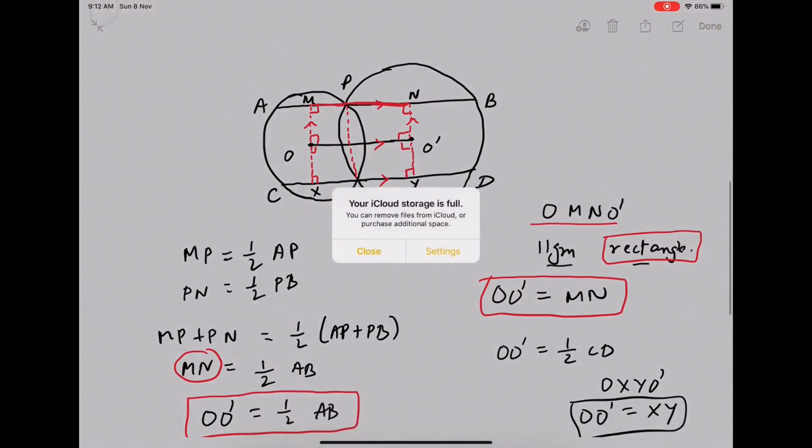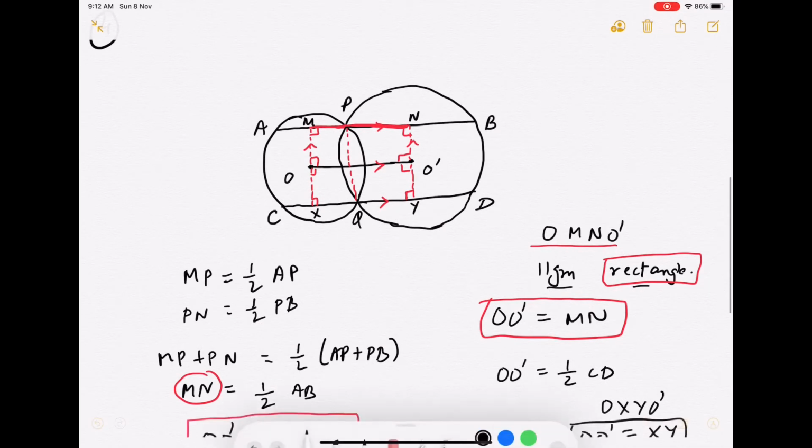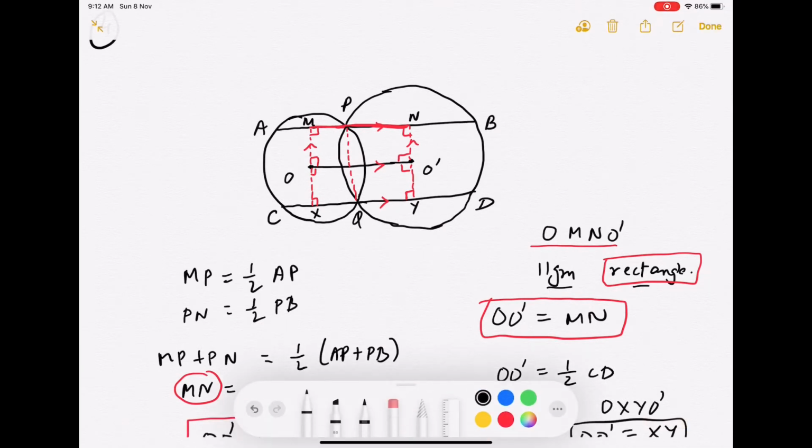And then again I will use the same property of circles to say that since OX is perpendicular to the chord CQ, I can say that XQ is half of CQ. Since this perpendicular line OX will bisect the chord CQ, the smaller portion XQ is actually half of the larger chord CQ.